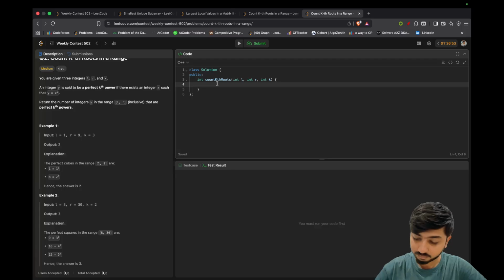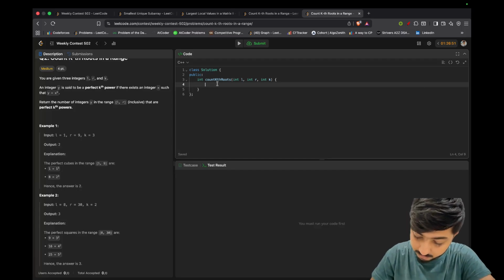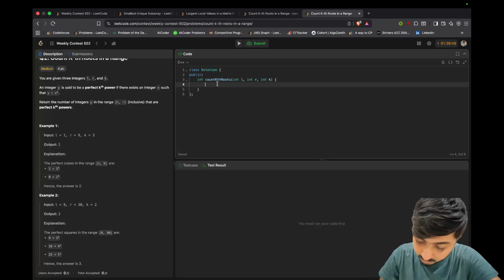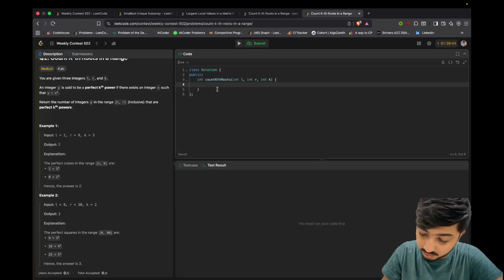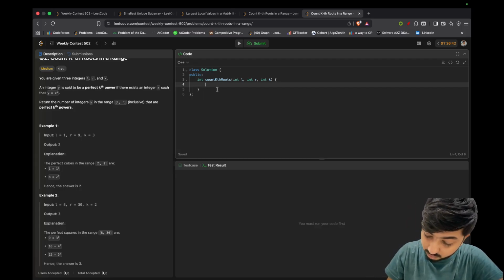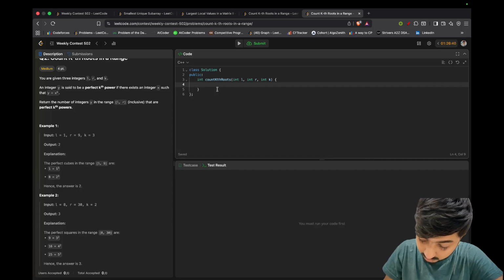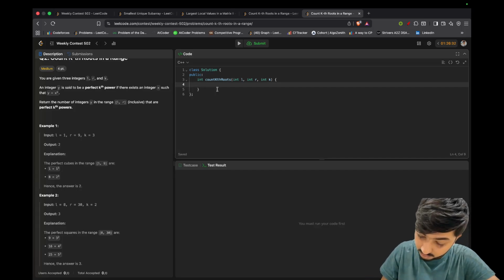Let's say 1 to the power k, 2 to the power k, 3 to the power k. So I want x to the power k is greater than equal to L and x to the power k is less than equal to R, right? So what x should be?